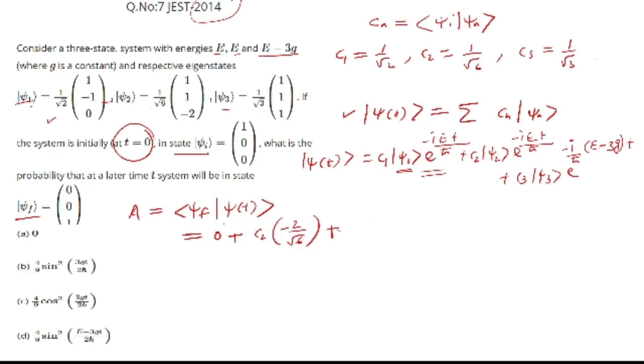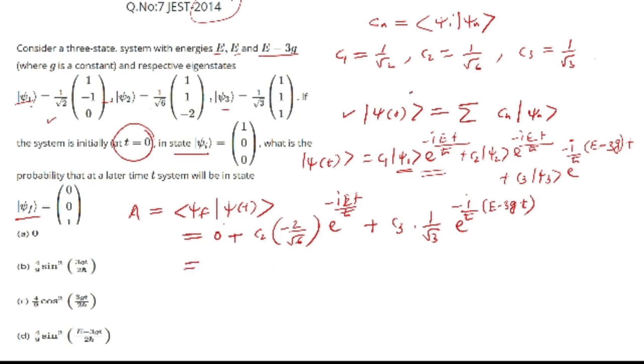Similarly, the exponential term is as it is, e to the power minus iota E t by h cross. For the third one, this is for psi 3. Psi 3 is 1 1 1. If we take the inner product with psi f, it gives only 1, so 1 by root 3, then e to the power minus iota t by h cross into E3, which is 3g, into t. So this is the probability amplitude. Now we have to find the actual probability, which means we have to square it, take the mod square.